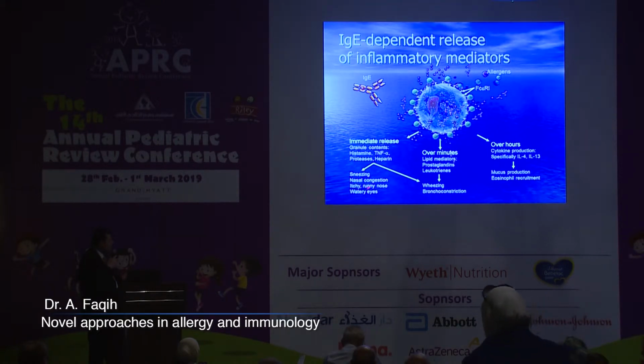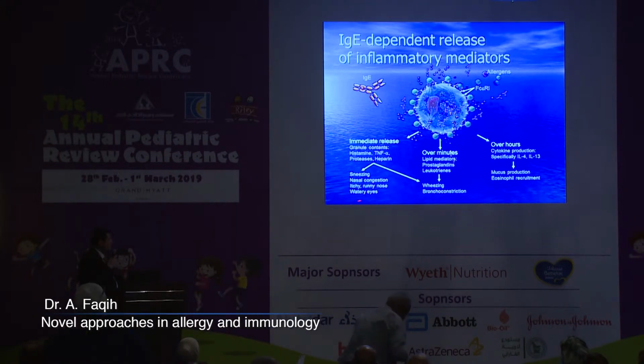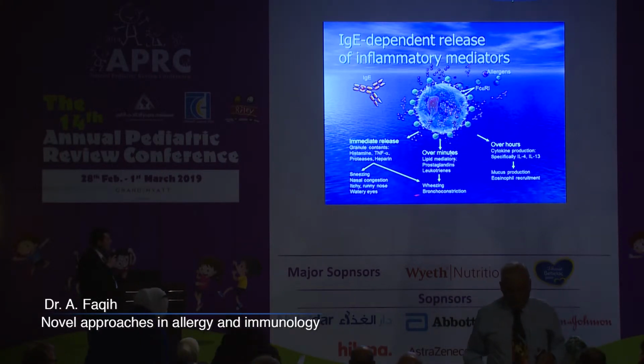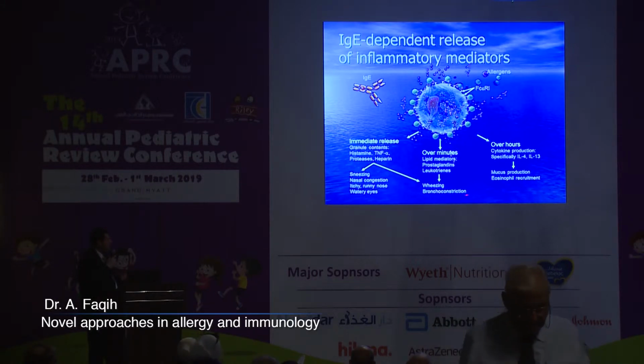Usually, the immediate release ones cause sneezing, congestion, runny nose, itching, and watery eyes. The ones produced in a few minutes cause wheezing and bronchoconstriction. The late reaction causes eosinophilic signs and symptoms, including mucus production.